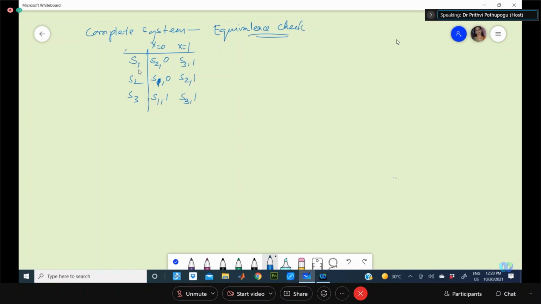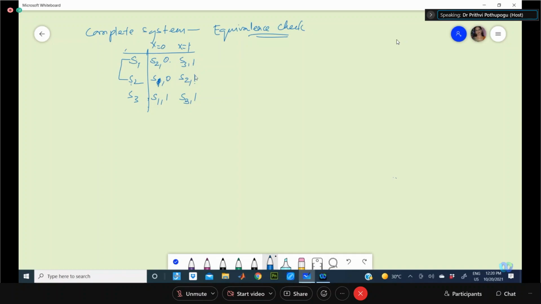See here, if I compare S1 and S2, two states, the same input X is 0 given to S1 or S2, output is 0, no conflict. Same input X is 1 given to S1 or S2, output is the same, no conflict. That means when you give X is 0 and 1 to S1 and S2, the outputs are not conflicting.